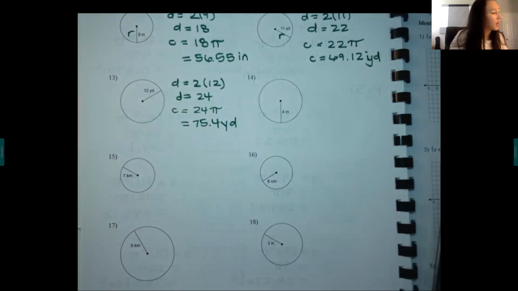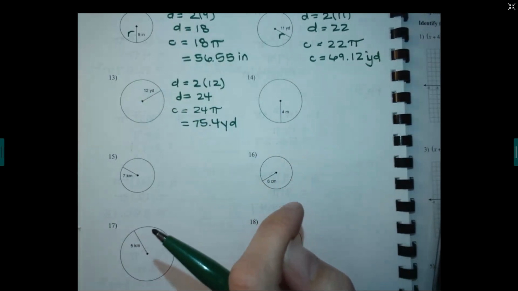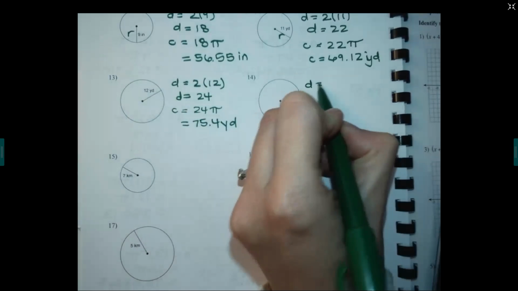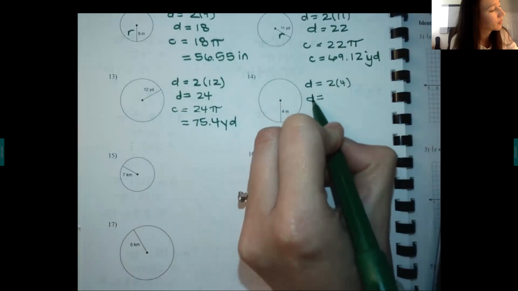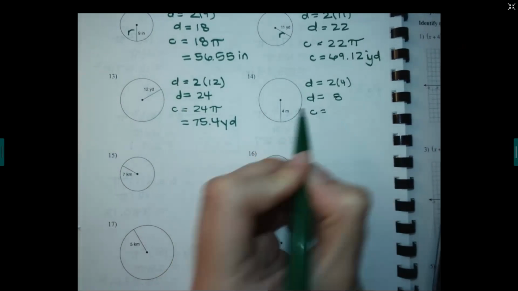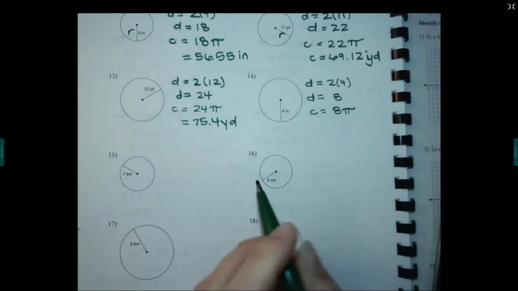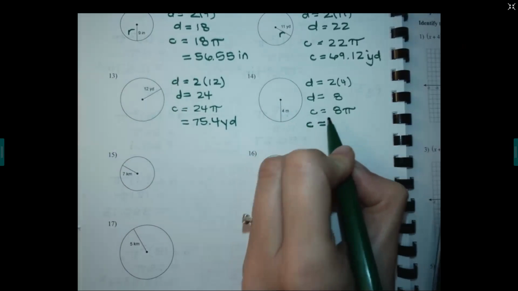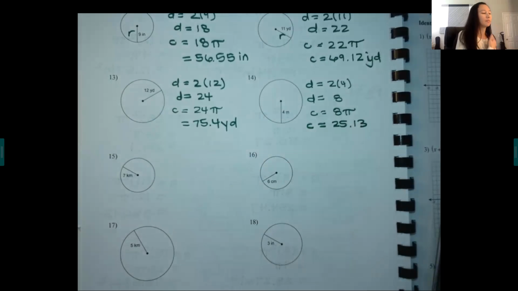And then Elijah, number 14. I got D equals 2 times 4, and I got D equals 8. Yeah. And then after that, I multiplied 8 times pi, and I got circumference equals 25.13, I think, right? Good. Okay.